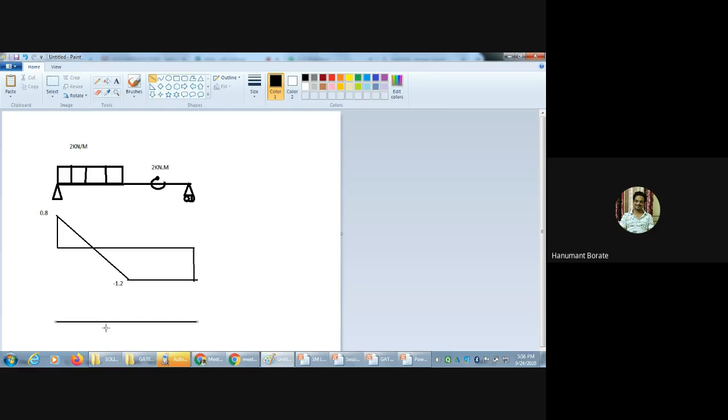So here 0.2, 0.16. I will draw it in PPT, it will be better.